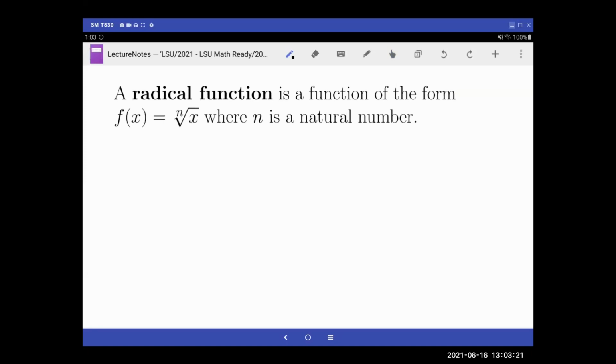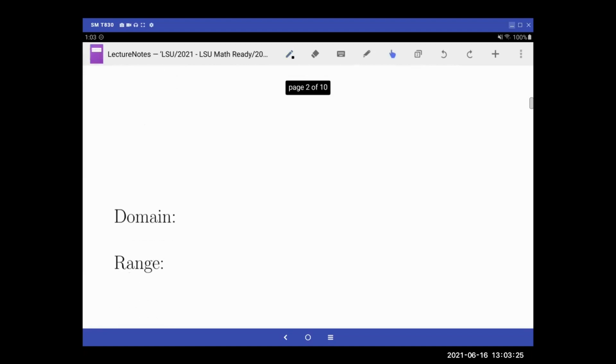Remember, functions tend to have domains and ranges. So that's something we'll talk about here. Okay, the domain and the range of a radical function. So when dealing with the domain, we're going to look at the index, right? So the nth root of some number here.